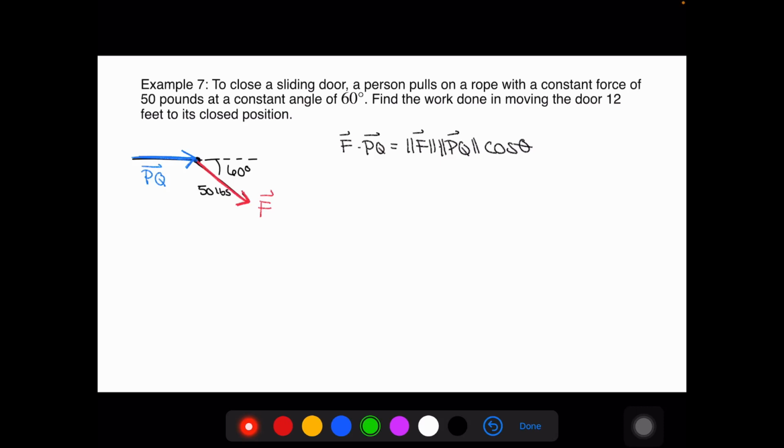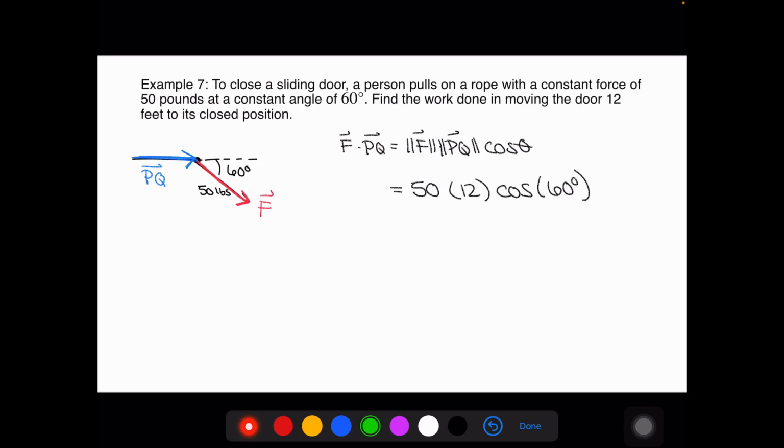So to find the work, we're going to take the dot product of vector F with vector PQ. And I think the easiest way to find this dot product is to use that formula with the cosine. So the magnitude of vector F is 50, where our force is 50 pounds. The magnitude of vector PQ is the 12 feet.